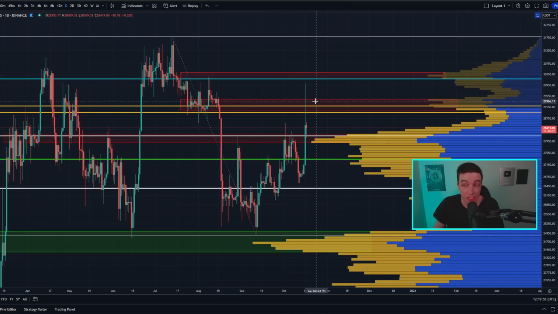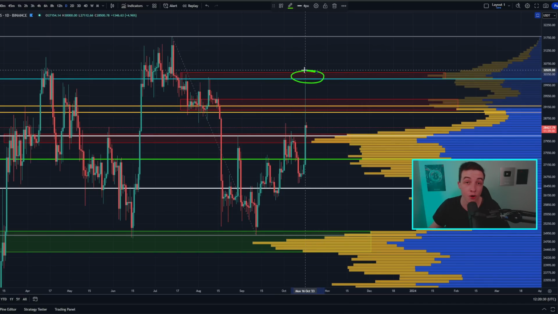And if you're looking at the golden pocket, this is sitting in between around 28.9k to 29.2k, so just below this area of resistance based on the volume profile indicator. And if you're looking at the 78.6% Fibonacci level of resistance, that's sitting at around 30.1k to 30.2k, so right around this area of resistance further to the upside.